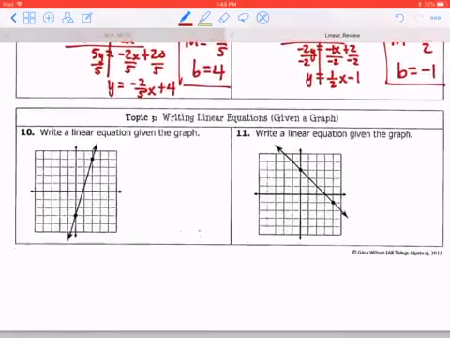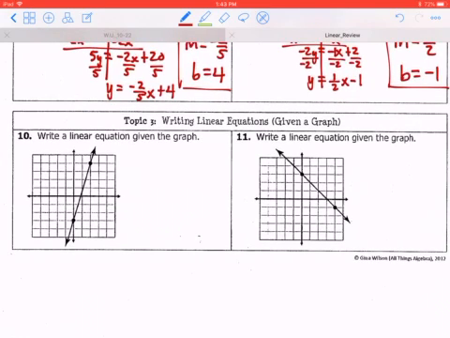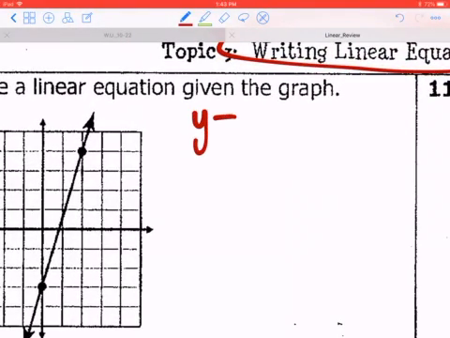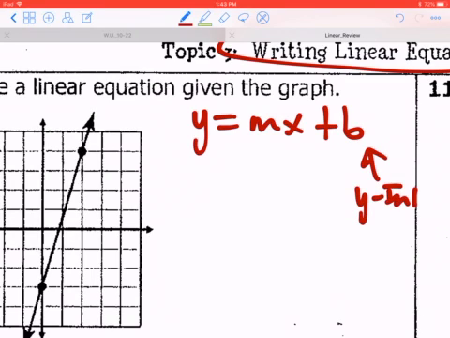Finishing off, writing linear equations. Given a graph, they want us to write the linear equation. Remember that the linear equation comes in y equals mx plus b, where I need the y-intercept. So when I look first there, I see that it intercepts the y-axis at -1, 2, 3, -3.